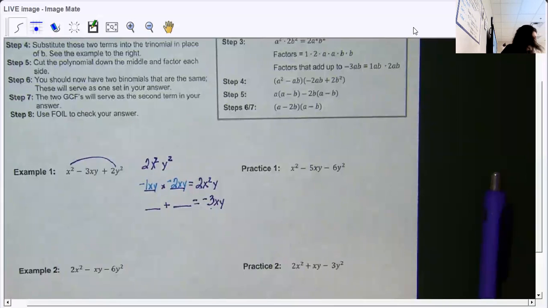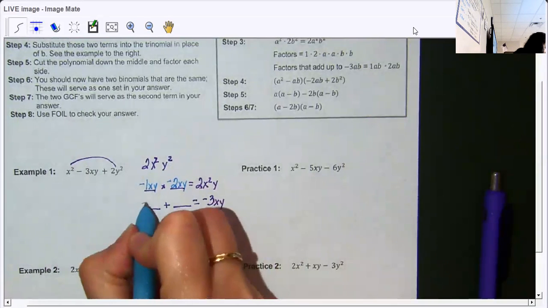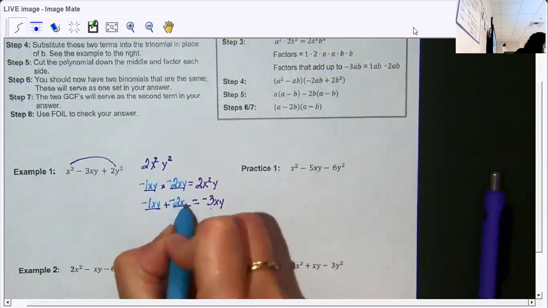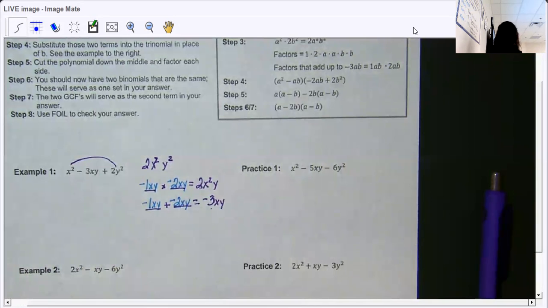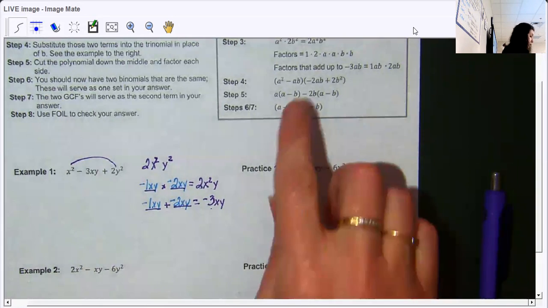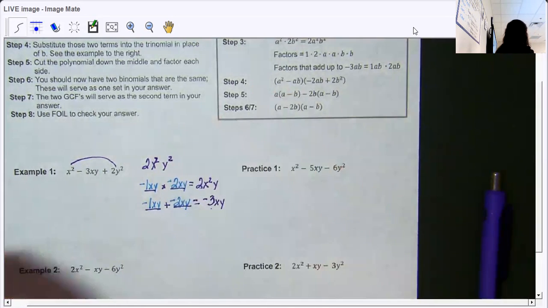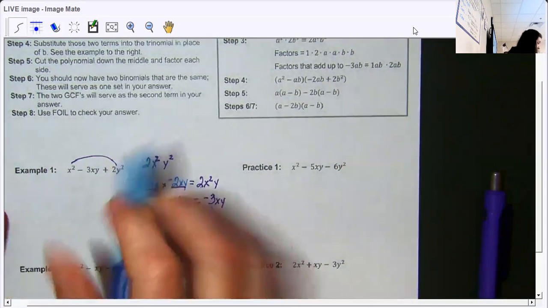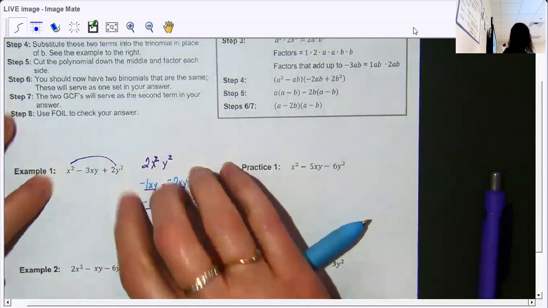Okay, so let's see, negative 1xy plus a negative 2xy, they do equal a negative 3xy. So we have the correct factors. Now, we're going to take those factors and write them out and rewrite our problem. We take the first and the last terms and we bring them down.